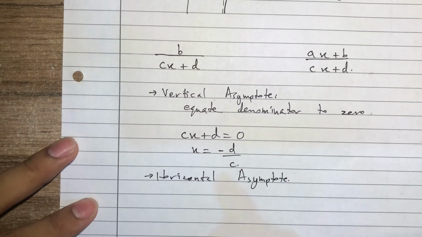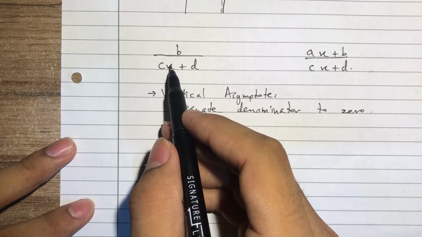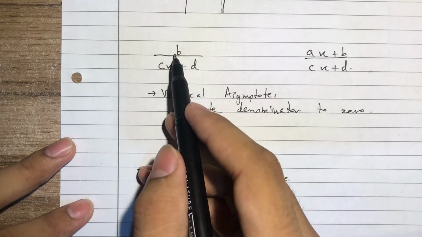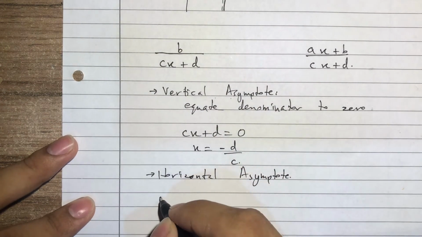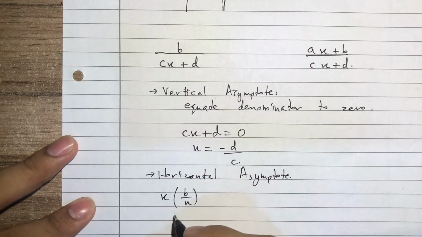So to find the horizontal asymptote, what we'll do is we'll take the highest power term common from both the numerator and denominator, right? So I'm taking x common from both the numerator and denominator. So x common from the numerator gives b upon x, and from the denominator gives c plus d upon x.